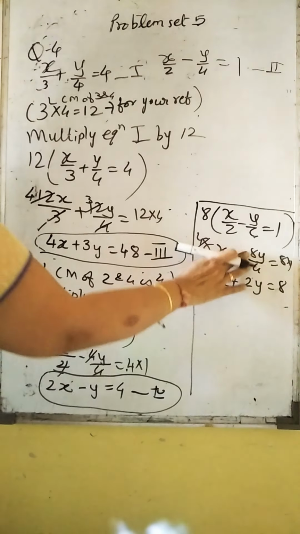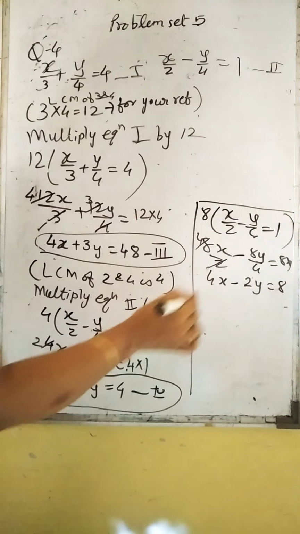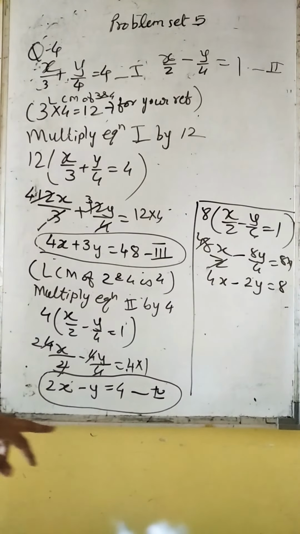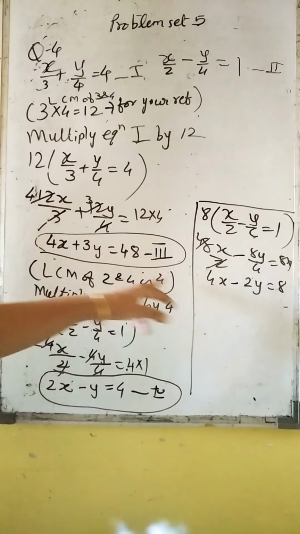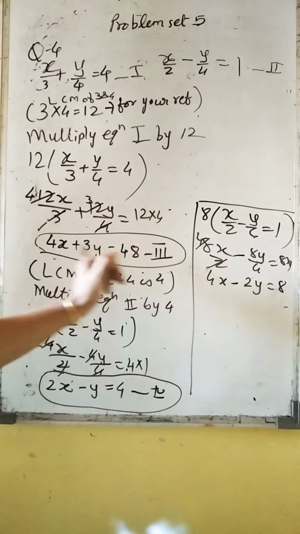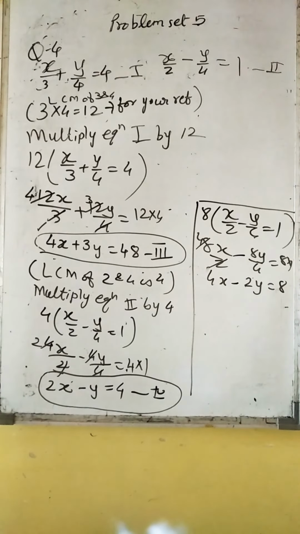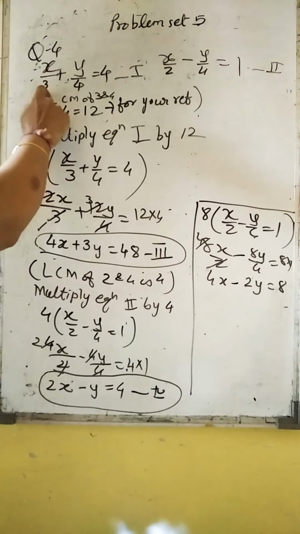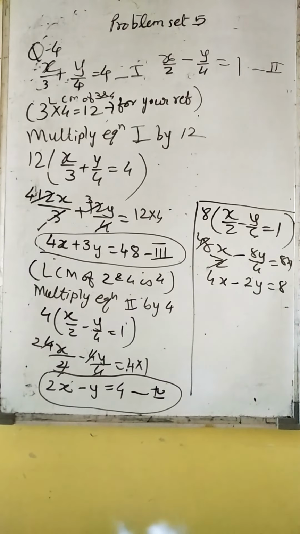Sorry, not plus, minus. So it will come the same. This and this will come the same. Automatically 4x and 4x will come the same and you can do the subtraction. So ultimately the answer will come the same. Do not worry. What is the method? You multiply by the multiple of both denominators. So that you have to remember.